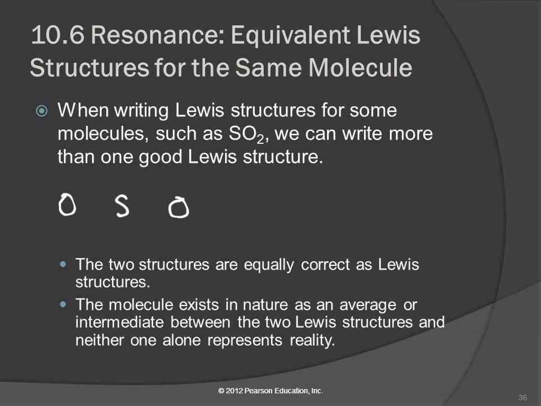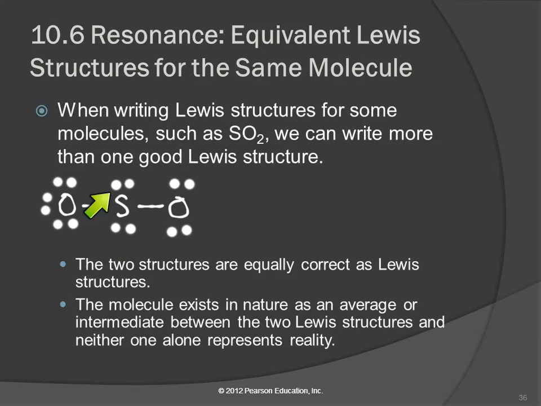So we'll start out with a bond here and a bond there, 2, 4, 6, 8, 10, 12, 14, 16, 18. We're short a pair of electrons. We need to make a multiple bond.